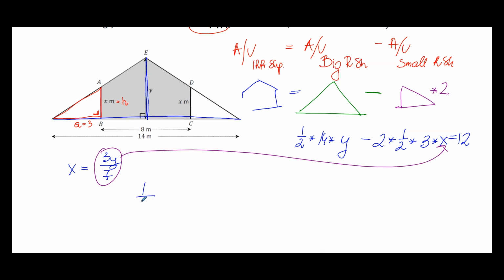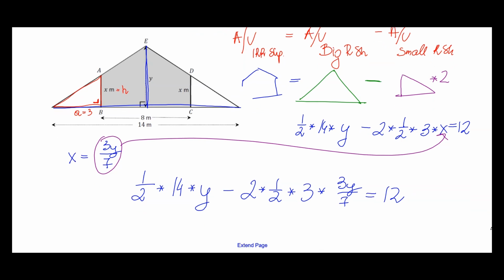So that means we're going to have a half multiplied by 14 multiplied by y minus 2 multiplied by a half multiplied by 3 multiplied by 3y over 7 equals 12. Now you are looking at it and saying, Jesus, that's very difficult to do. Actually, it's not. Let me show you. It only looks difficult.